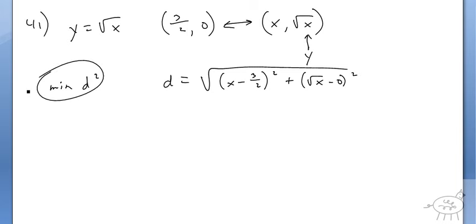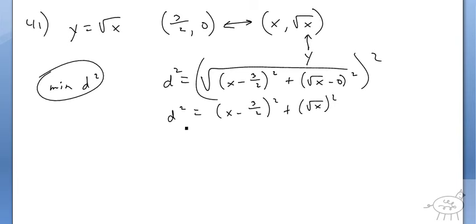And since I'm minimizing d squared, the square root goes away, and we have d squared equal to (x minus 3/2) squared plus (the square root of x) squared. And we're minimizing this. I'm just going to call this d of x, because instead of saying d squared, it gets too complicated. I'm going to minimize just d of x, which is d squared.